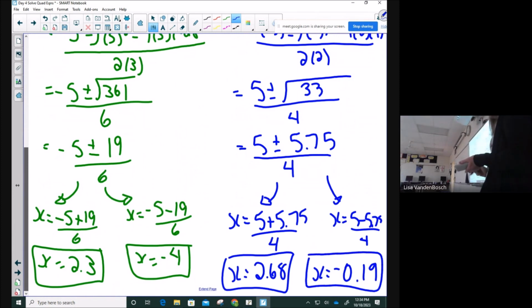Did you press equals? You have to go 5 minus 5.75 equals, then divide it by 4, because otherwise if you don't press equals, it's just dividing your last number by 4. Or the other option, put the entire top in a bracket. So bracket 5 minus 5.75 bracket divided by 4, if you want it in one step. Everybody okay with this?